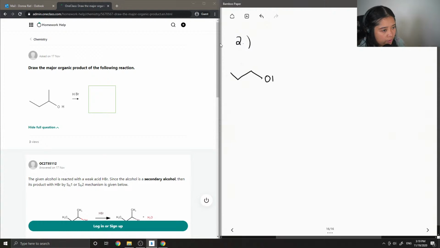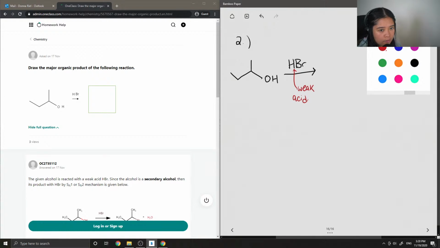Here we have an alcohol group and a methyl group sticking out, and this reacts with HBr. HBr is an example of a strong acid.